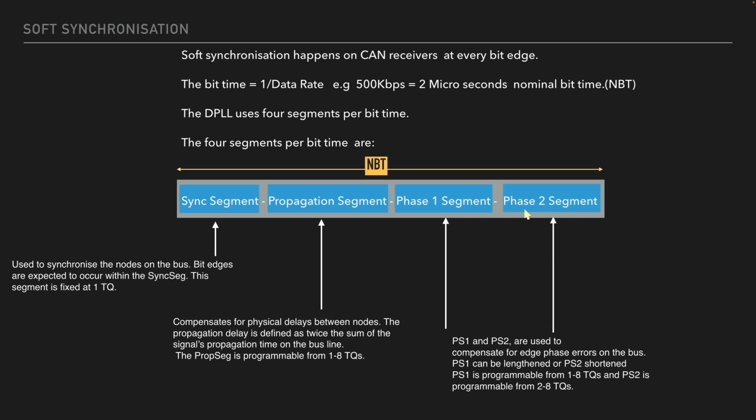PS1 can be lengthened, or PS2 will be shortened, all depending on whether the bit is arriving way too early or way too late. And of course, we can set the TQs between 1 and 8 or 2 and 8. Now, keep in mind that the TQs could depend from hardware to hardware. This is on a very specific hardware CAN controller. Other controllers may even be smarter, but this is one method we are trying to explain.